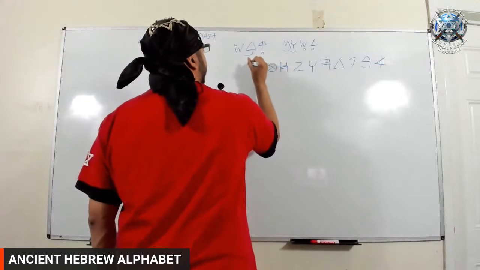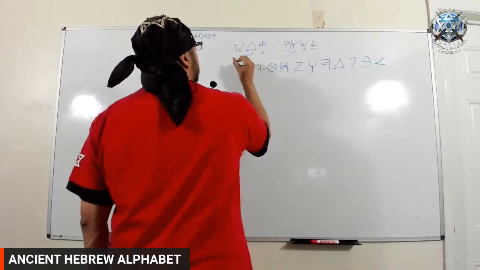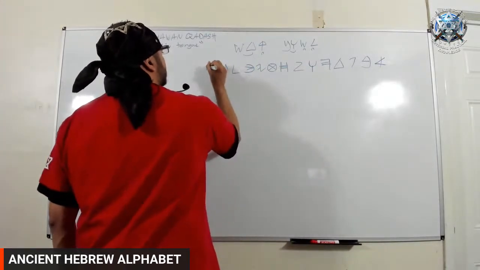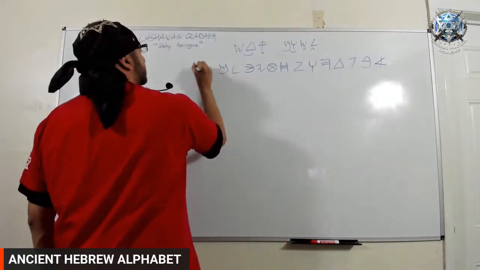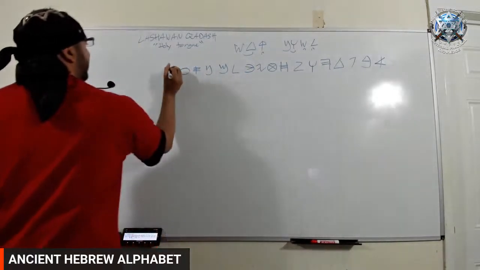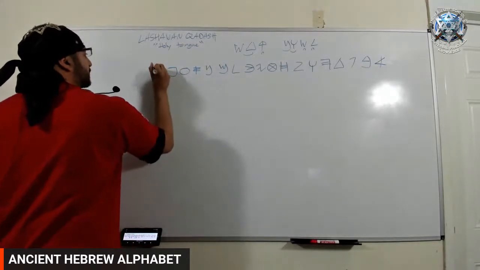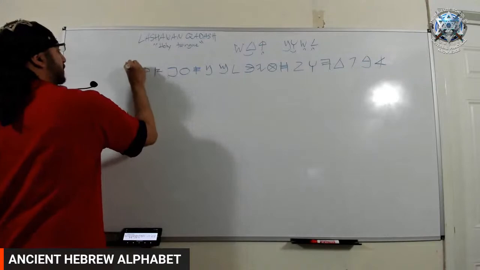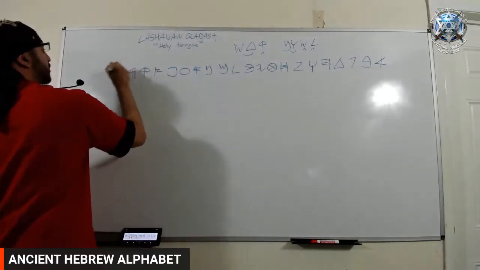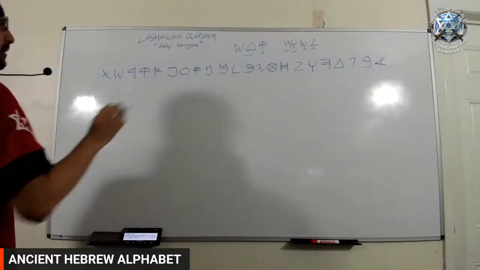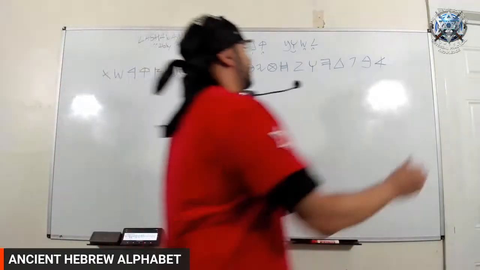Ya, ka, la, ma, na, sa, I, pa, taza, kwa, ra, sha, ta. There we go. That's more like it right there.